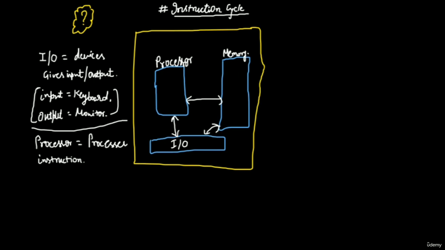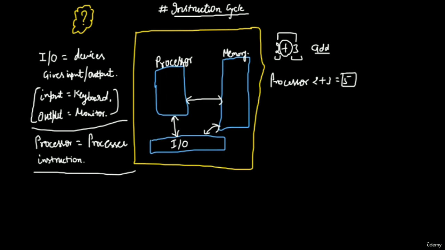Like from your input device, when you give the command like 2 plus 3, these are the two inputs that you gave with a command to add, right? So what is actually going to happen? The processor is going to add them and give you the result 5. So it processes the instruction, or you can say command. So this is what a processor does.